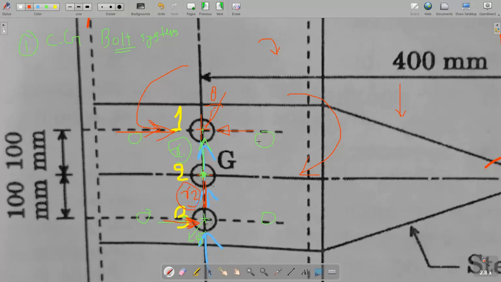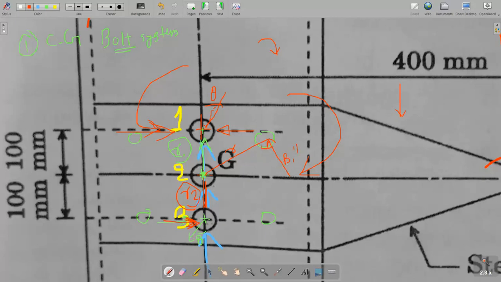For example, if there are 5 bolts and the moment is again the same, the external force tries to rotate in the clockwise direction, so the bolt will again try to resist. This is the perpendicular, least distance. The least distance is always perpendicular, so this is R, and in the perpendicular direction your secondary force B1 double dash will act.